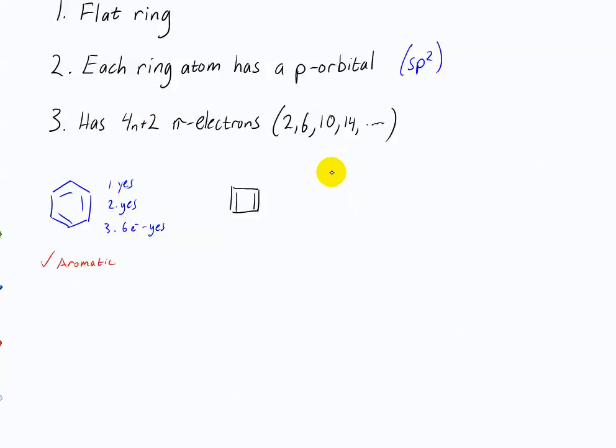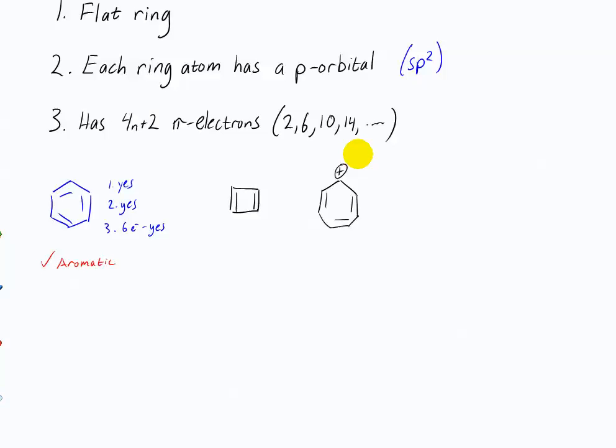All right, what about this one? Hold on, I didn't draw it right though. Yes, this is a cycloheptatriene, and it's actually a cation. A cationic cycloheptatriene, so a cycloheptatriene with a carbocation on it. In other words, a cycloheptatrienyl cation. Is that a flat ring?